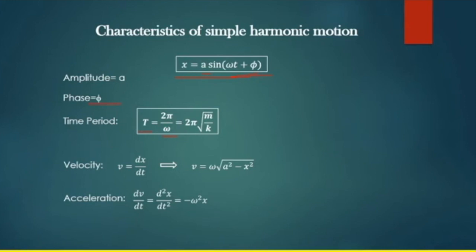As we have already seen the value of omega in the previous slide, we can get the time period. Also the velocity v is equal to dx/dt, and we already know the dx/dt from the previous slide, so we can get the velocity. Also the acceleration is dv/dt, so we will get d2x/dt square equal to minus omega square x, and this is a very important thing to remember.